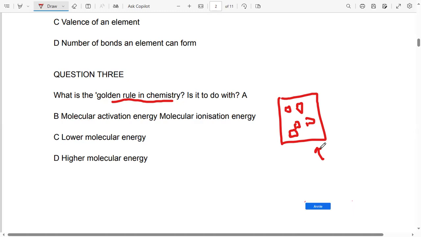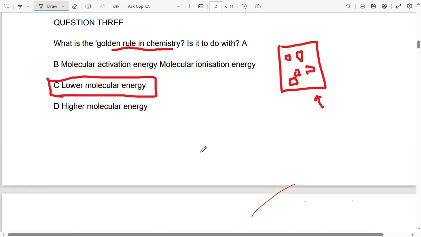Why? Because you have a low energy, meaning your car will be stable. So that's what the golden rule in chemistry states. Any molecule that you have, we strive to achieve what we call the lower molecular energy. If you have lower molecular energy, it means your compound will be stable.